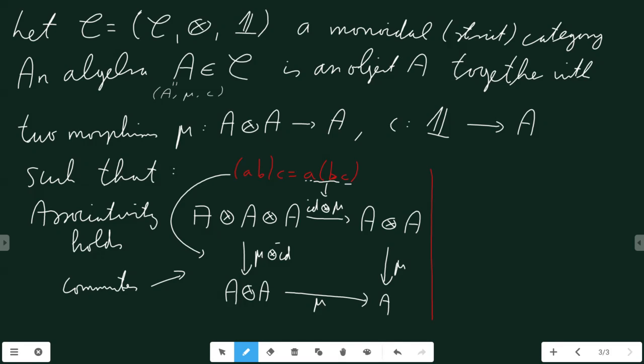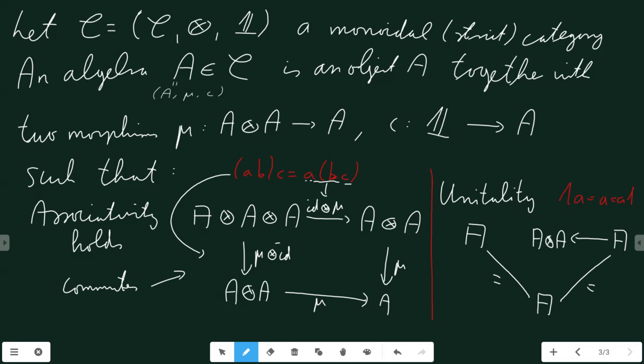And then you have also unitality. Whenever you have something like A times 1, it should be A. Again, this is bad because I don't know what elements are. So let me phrase everything in terms of a commuting diagram. So this is just equal. All right, and let me see.